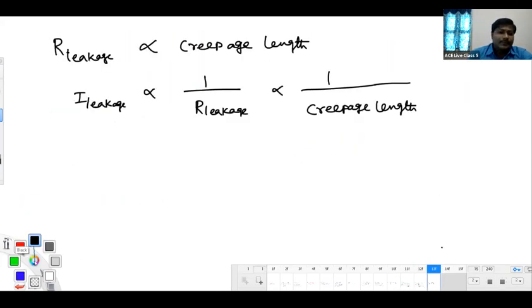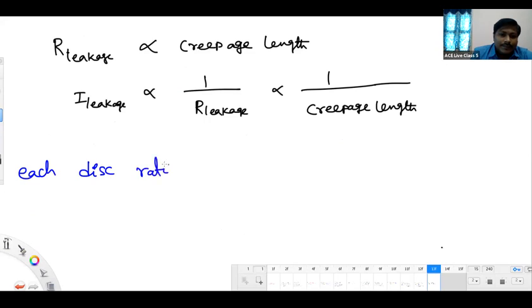Next. By connecting the number of discs in series, we are framing a string. What is each disc's voltage rating? 11 kV.